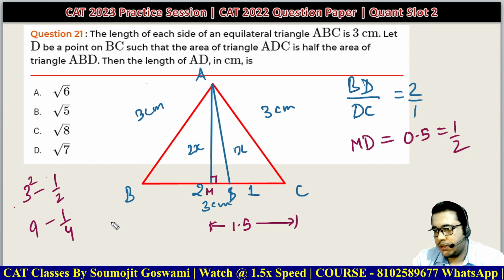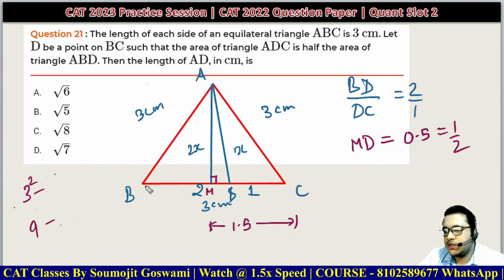Oh, yeah, sorry, this is not going to be 1.5, it is going to be 3 by 2, sorry, mistake. Mistakes happen a little while talking. This is going to be 3 by 2, because understand what this is: 1.5 all the way till there, which is as good as 3 by 2, that is 9 by 4.